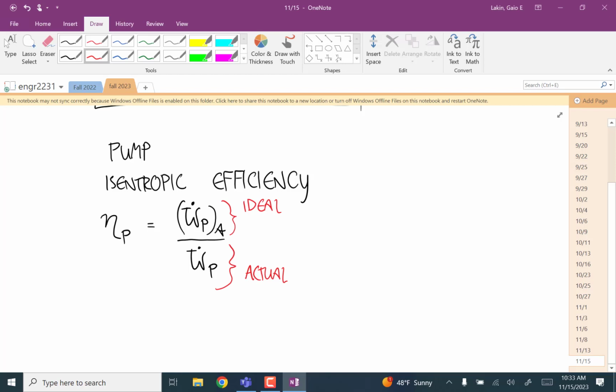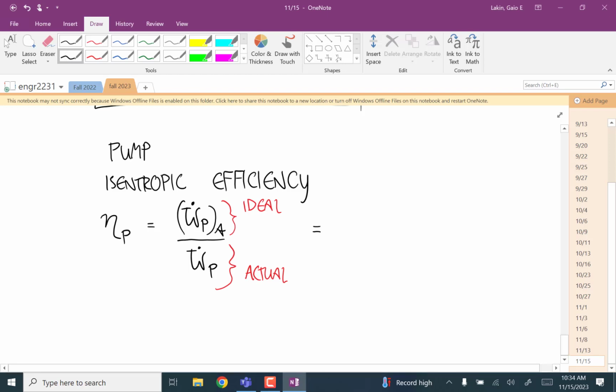So the bigger thing is going to be the ideal case. So that's in the denominator. Okay? For the pump, we have to put energy in. So the actual case is going to be the bigger amount of work. And so that goes in the denominator here. I'm going to give you all these equations, but that's just a way to make sense out of it.